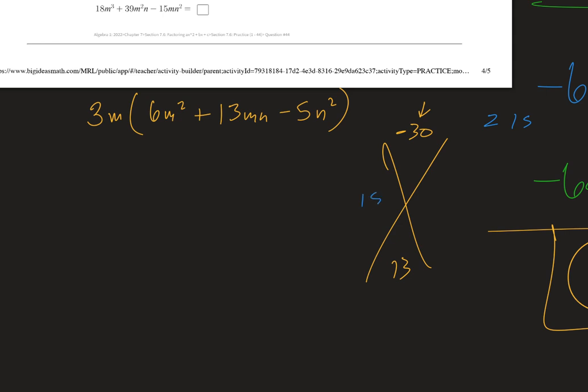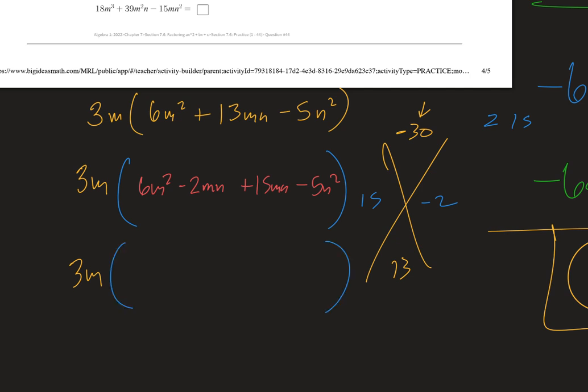Positive 15, negative 2. So our 3m is still hanging out front. Big set of parentheses because I'm going to be doing some math inside of it. 6m squared minus 2mn plus 15mn minus 5n squared. Hold up, did I do that right? Not technically. 3m still hanging out there.